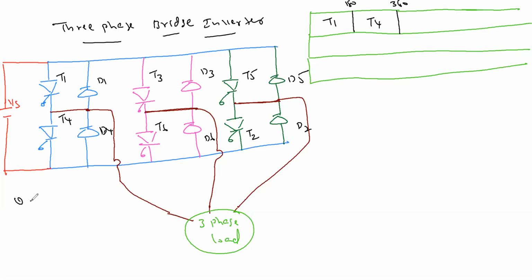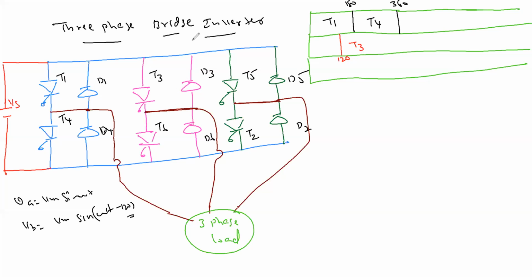Look here now. This is the voltage I wanted. The first phase and the second phase should have a 120 phase difference. Then what I do, I'll trigger T3 after 120. So this is 120. Did you understand that? I'll trigger T3 at 120, but for how long should it conduct? 180 degrees.